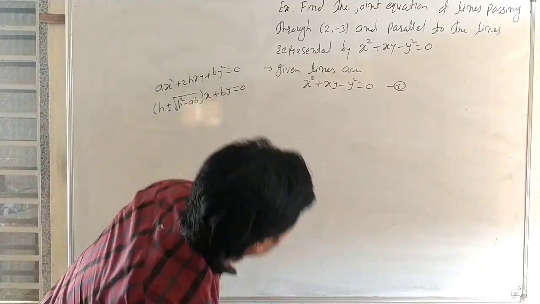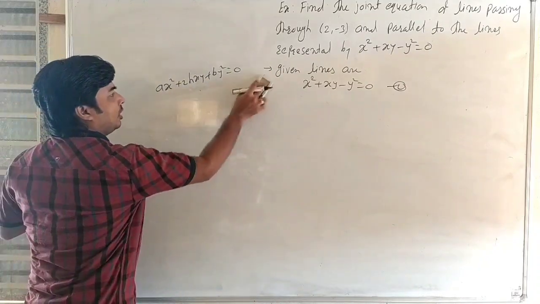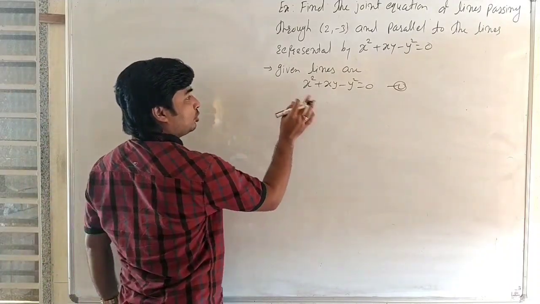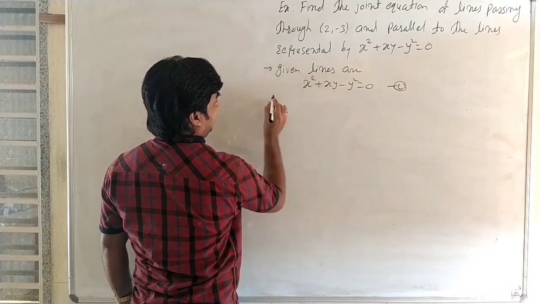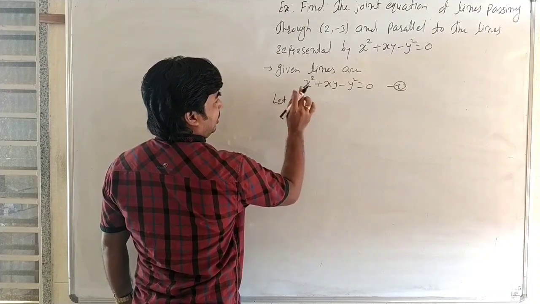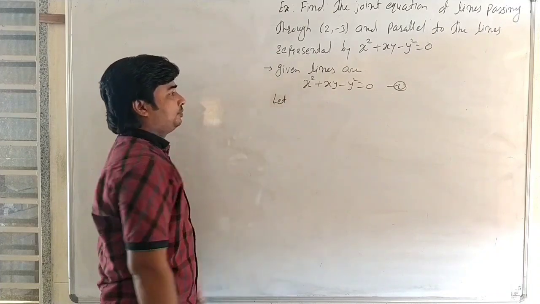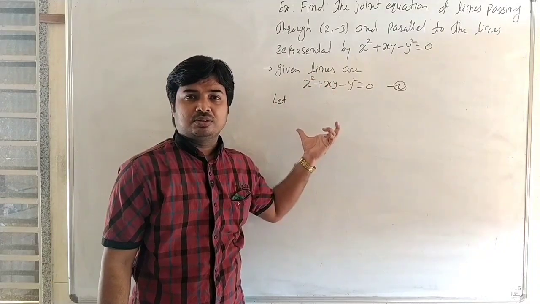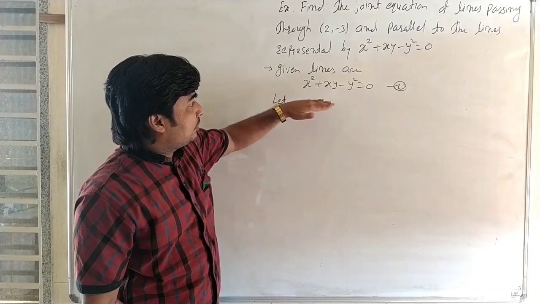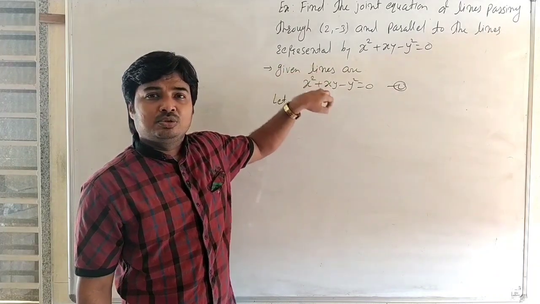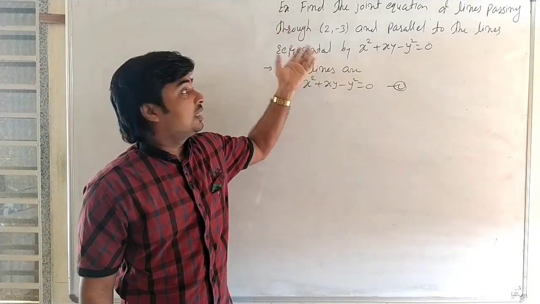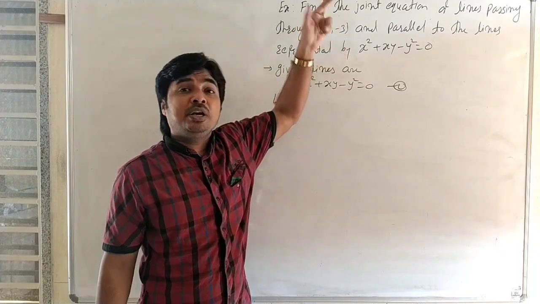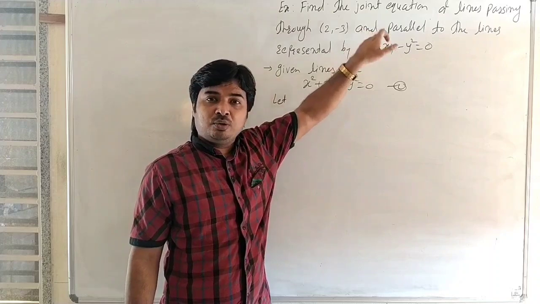So here we solve this problem by using the sum of the slopes and product of slopes. When it cannot be factorized, then we use the sum of the slopes and product of slopes. This method was used in the previous examples, that is, find the combined equation of lines passing through the origin and perpendicular to the lines represented by a homogeneous equation.